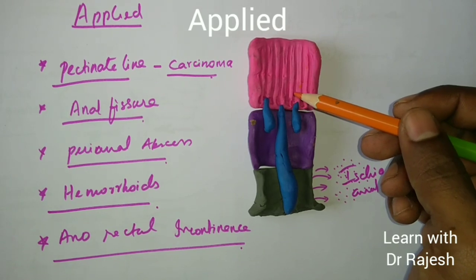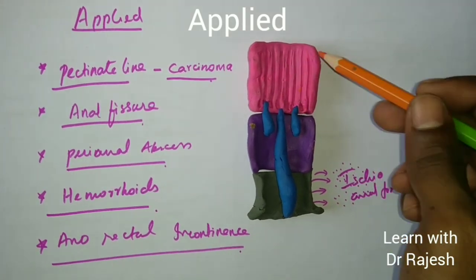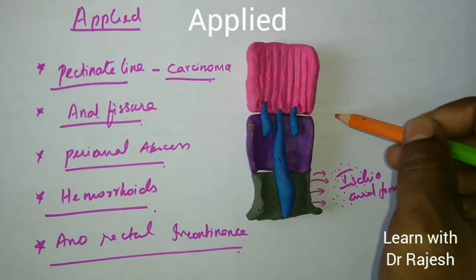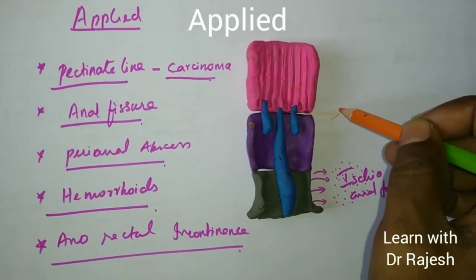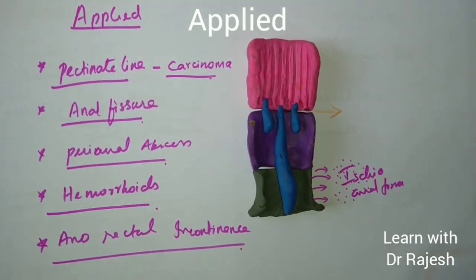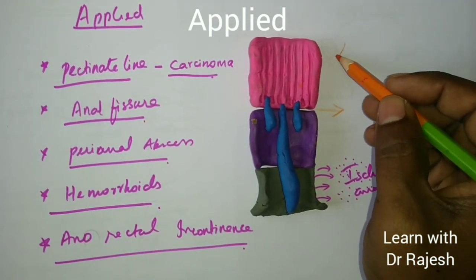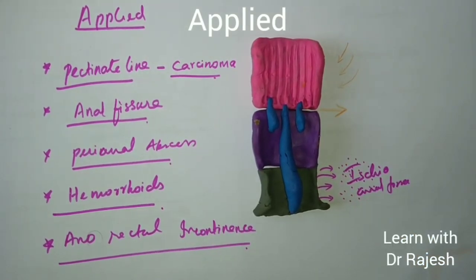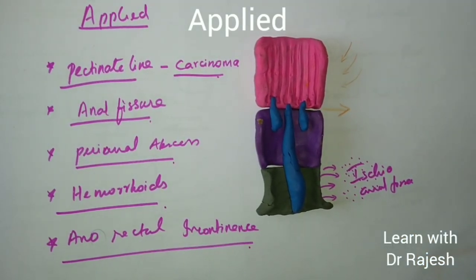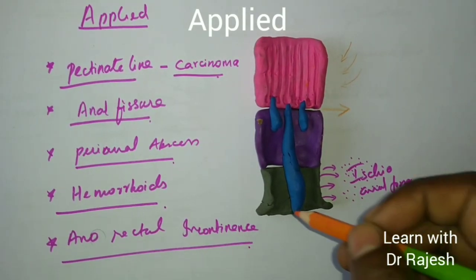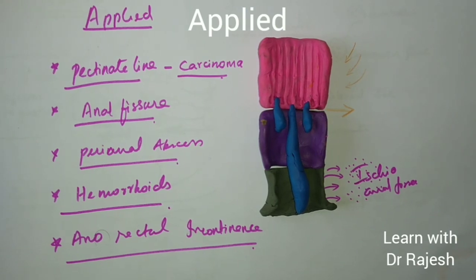Since these hemorrhoidal masses are coming from above the pectinate line, and it is supplied by the visceral nerves, the mass arising from here is insensitive to pain. Only the external hemorrhoidal masses are sensitive to pain.